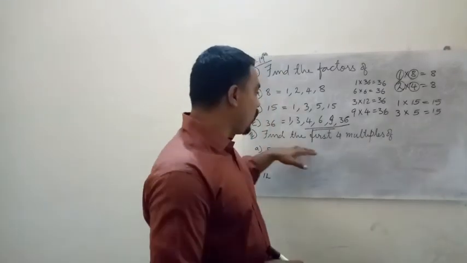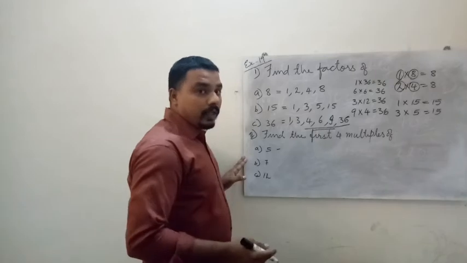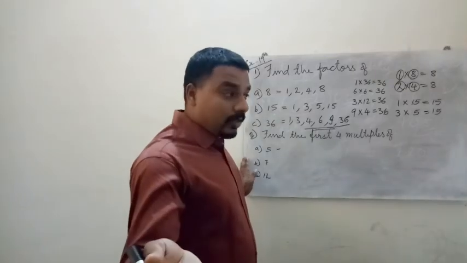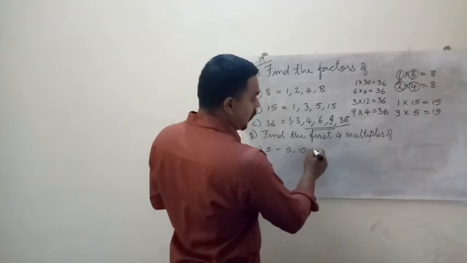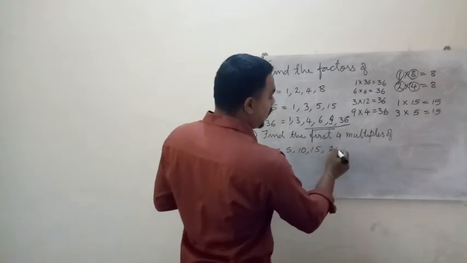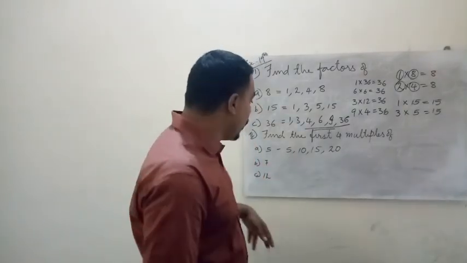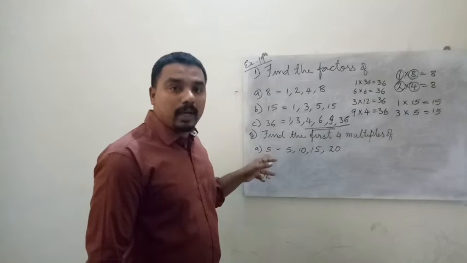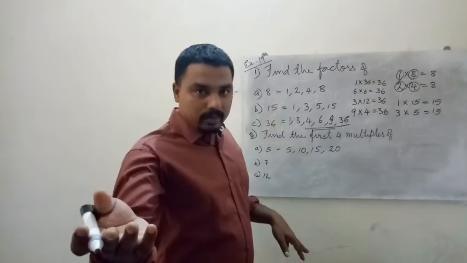Next is multiples. Find the first 4 multiples. The first one is 5. Use the table, 5's table. It is very easy to find out. 5, then 10, 15 and 20. These are the first 4 multiples of 5. You can use the same number as the first multiple, so a multiple is either equal to the number or greater than that number.